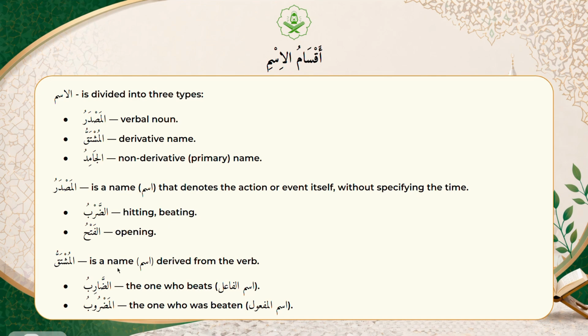And al-mushtaq is an ism that is derived from a verb, like for example الضارب. الضارب is derived from the verb ضرب, hit, and ضارب is the one who's beating.